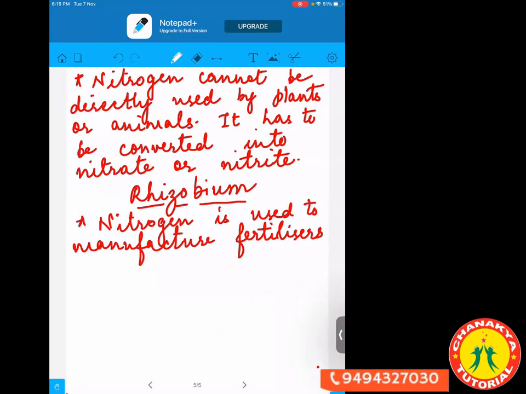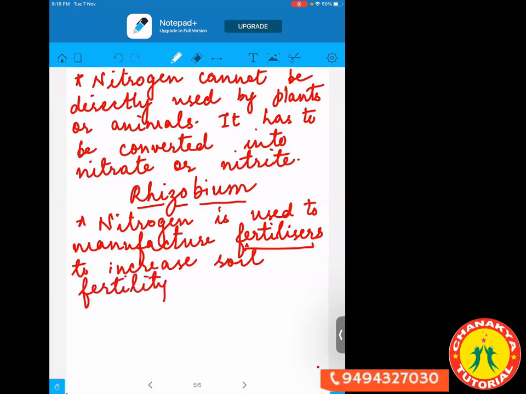Fertilizers are basically kinds of chemicals which are added to the soil so that the fertility of the soil can be increased. I'll give you an example. So nitrogen is used to manufacture fertilizers so that it can increase the soil fertility.